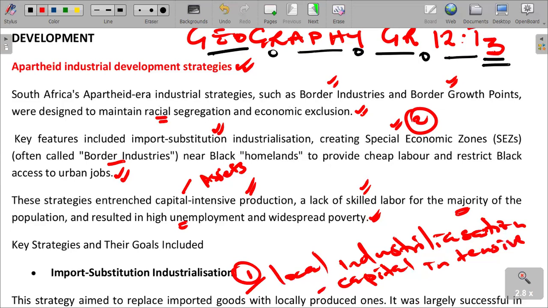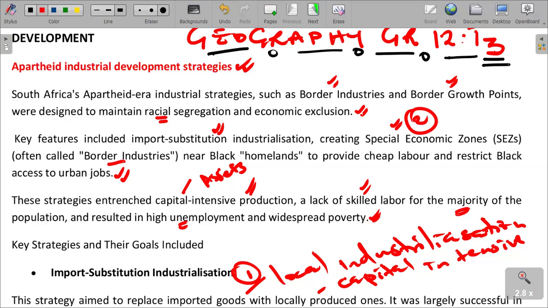A lack of skilled labor for the majority of the population also came as a problem, and this resulted in high unemployment and widespread poverty amongst the black population. The black population could not enter the mainstream because of limited financial resources to start their own industries.